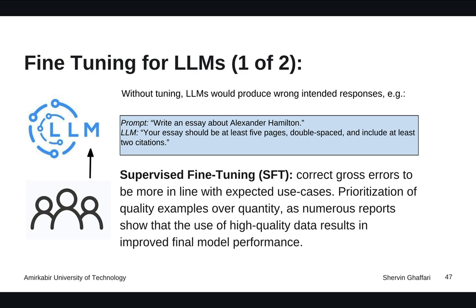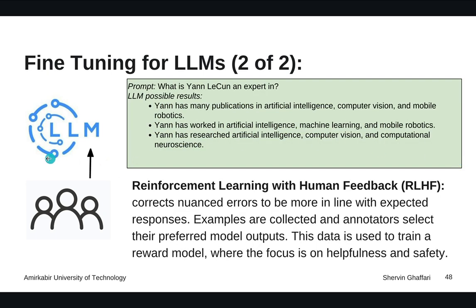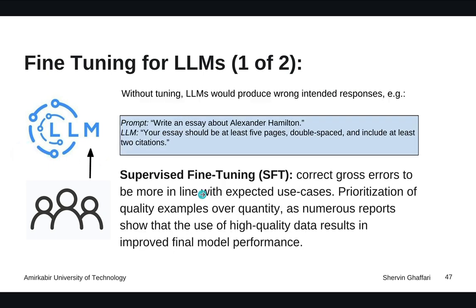So the model tries to push its prediction closer to the target output. But you should be aware that it requires high quality data to improve the final performance. Otherwise, it will degrade the model performance.